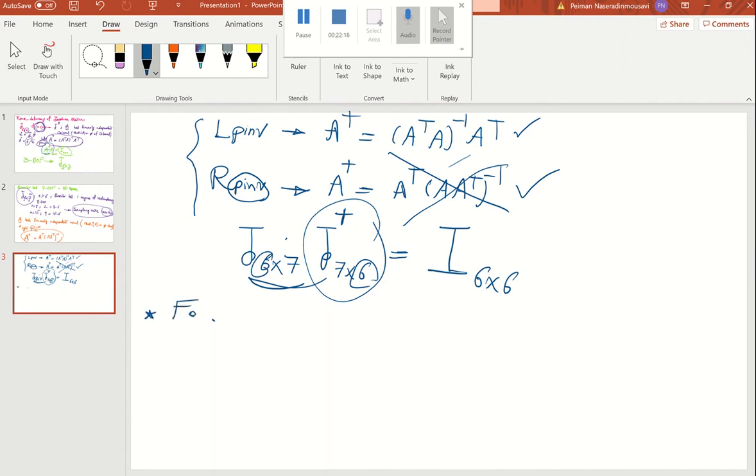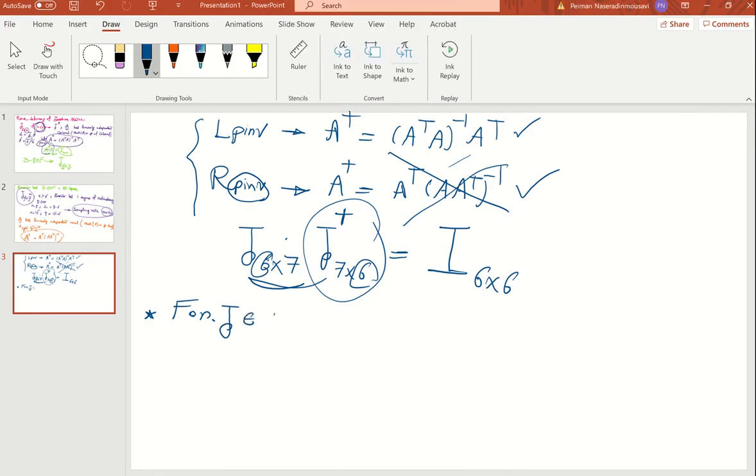For J, the Jacobian matrix, a member of R m by n, meaning m rows and n columns, I'm talking about the right pseudo inverse, and m is smaller than n, generally speaking, like 6 smaller than 7.